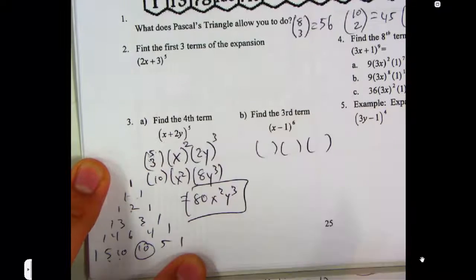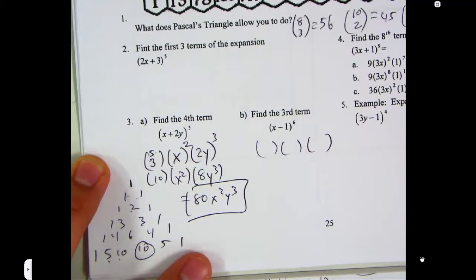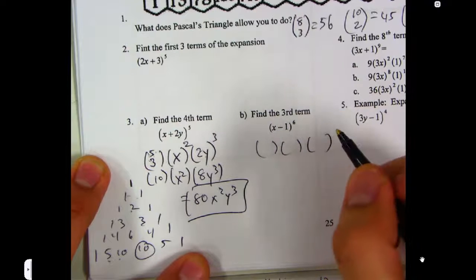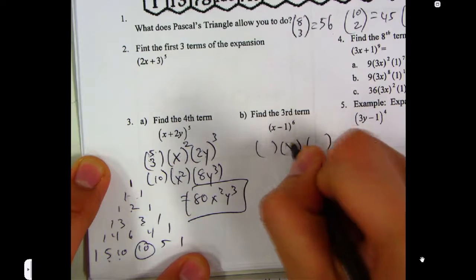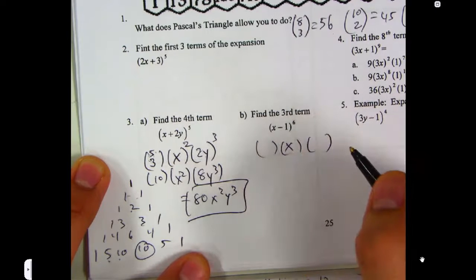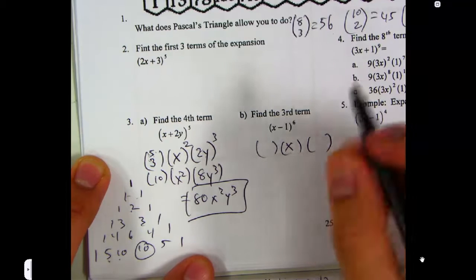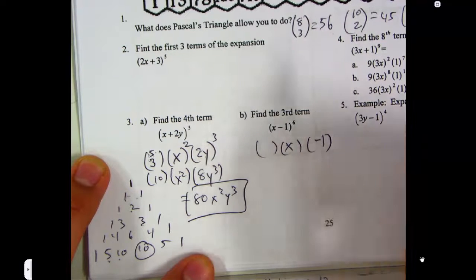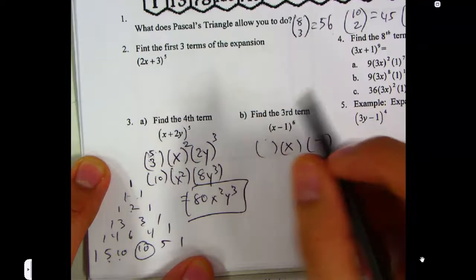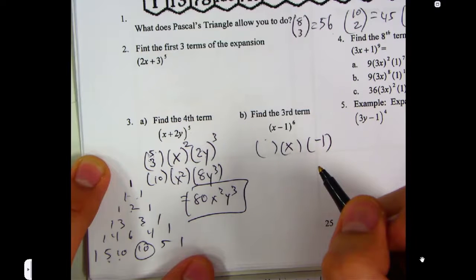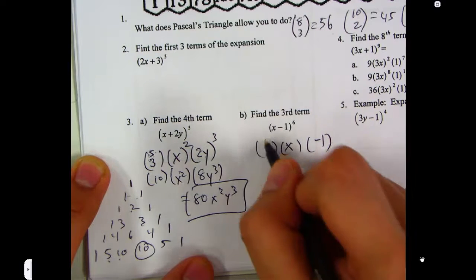Okay, 5b, find the 3rd term. So 3 parentheses. Okay, so Ivan, help me out. What goes in the middle? X, great. Hugo, what goes in the 3rd parenthesis? Negative 1, great. Glenda, what goes on the top number? 6, great.